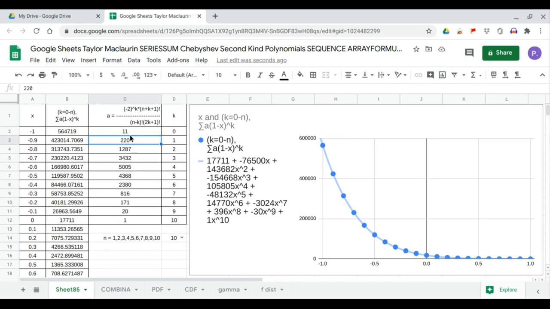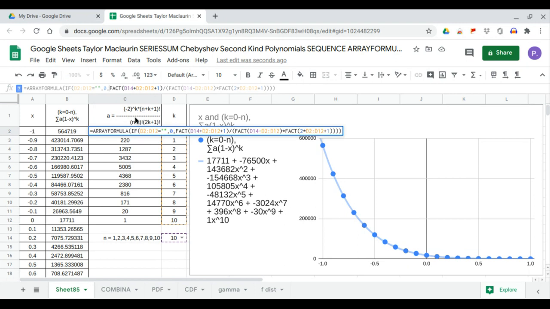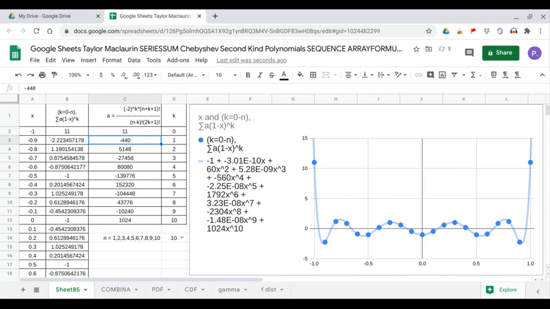And we can continue with the other part. It's negative 2 to the power k. So that's minus 2 to the power k, and then multiply that to the factorial. So that's our 10. So we go back to n equals 1.